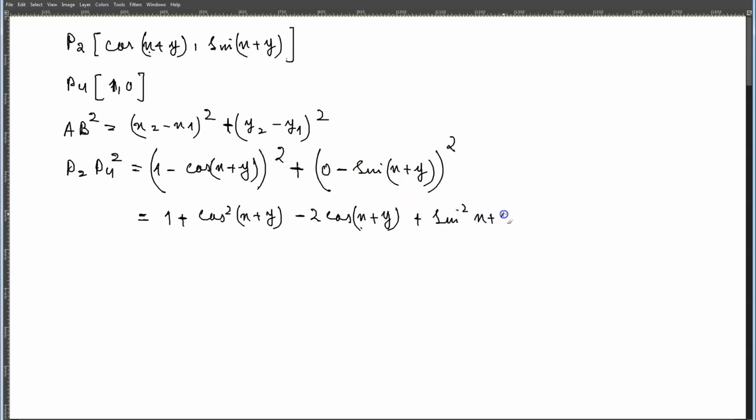Now sine squared x plus y plus cos squared x plus y is equal to 1, and then 1 plus 1 is equal to 2 minus 2 times cos of x plus y.